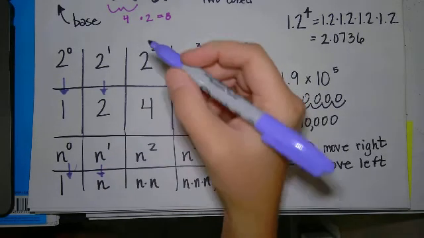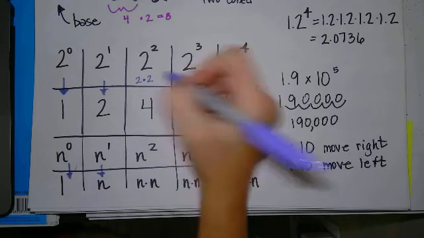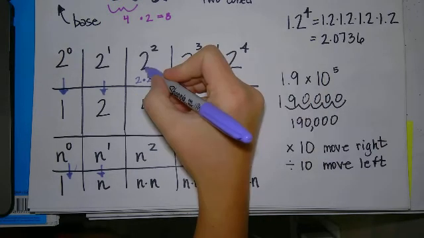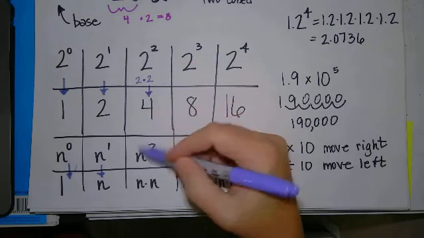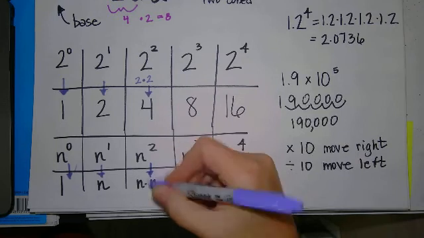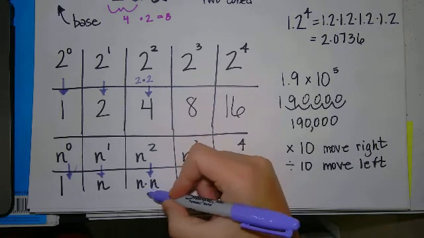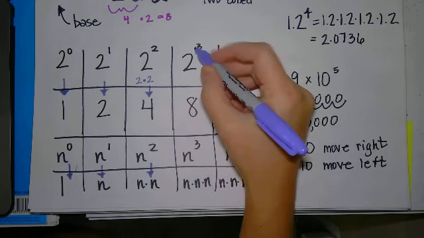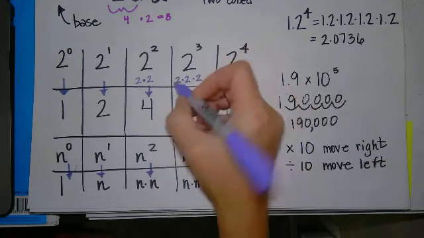2 to the second power, remember that is going to mean 2 times 2, 2 2's multiplied together, and 2 times 2 is 4. So that tells you that any number to the second power is that base number multiplied by itself. So there's a total of 2 base numbers. 2 to the third power would be 2 times 2 times 2.